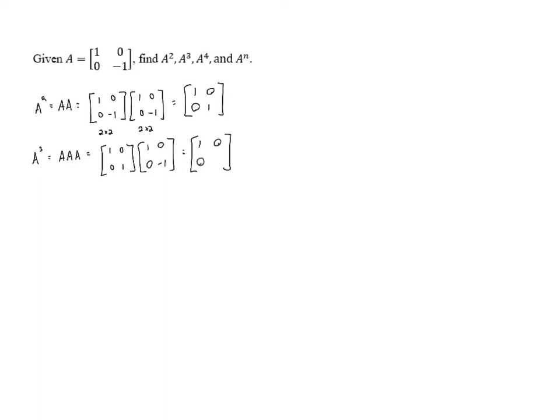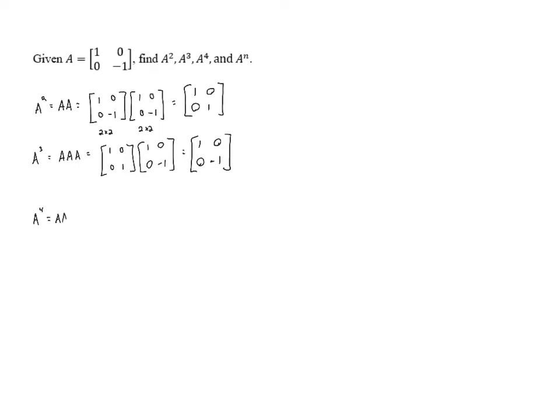The same is going to be true for the lower left entry, but then for the lower right entry, we've got 0 times 0 plus 1 times -1, which is -1. So notice when we take A cubed, we end up with a matrix that has the same entries as A, so A cubed is just equal to A. This will be helpful when we look at A to the fourth.